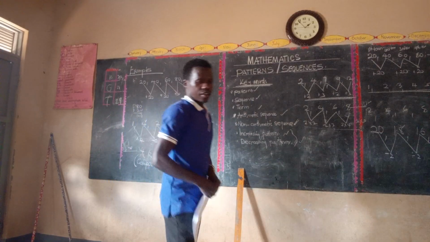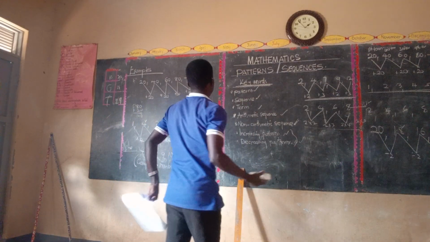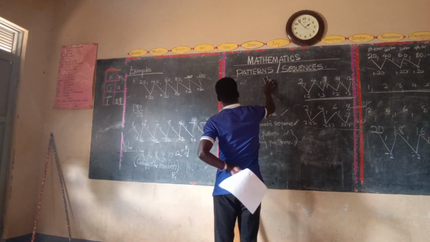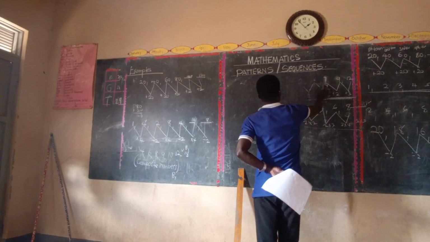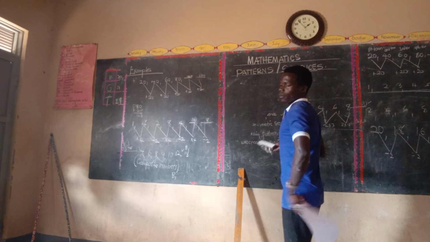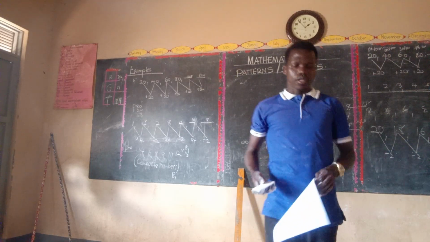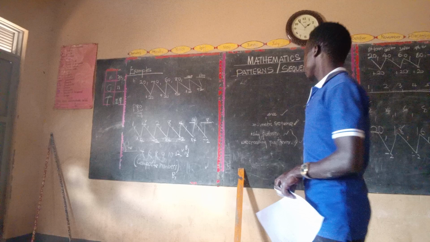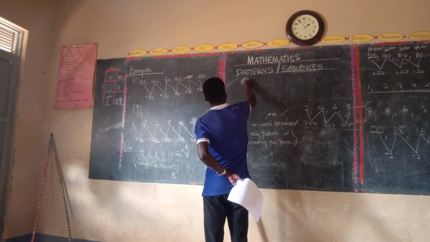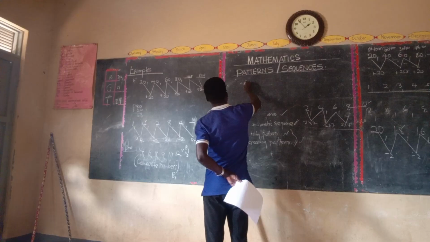It will also apply in numbers like prime numbers. In primary 4 and primary 5, we say that prime numbers are numbers that have only 2 factors, and that is factor 1 and the number itself.